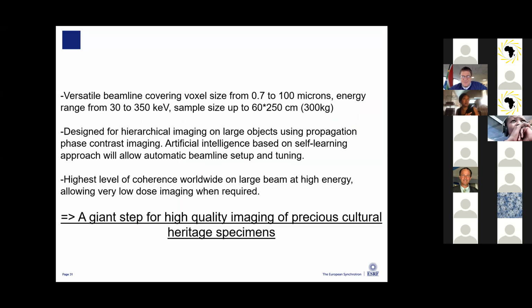Of course, when I showed you the picture of what BM05 looks like at the moment, I showed 2 detectors, but we can actually add an extra, third detector, and that's the one that allows us to go to 0.7 microns.